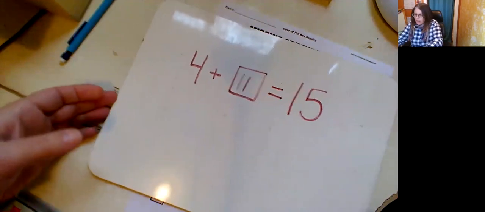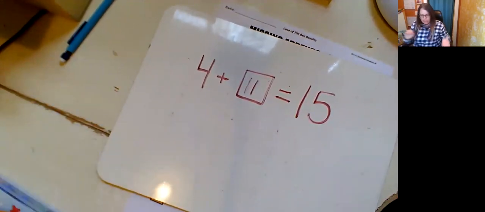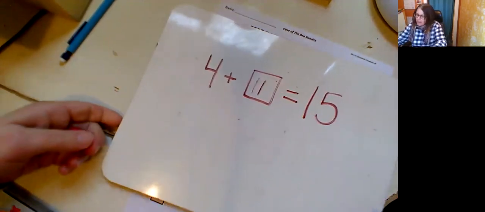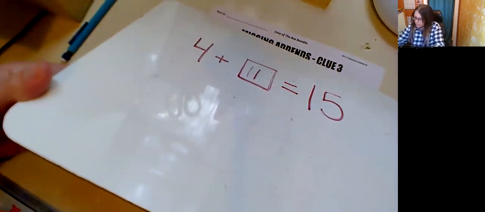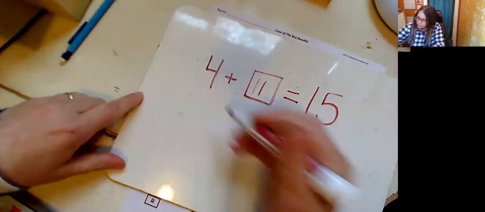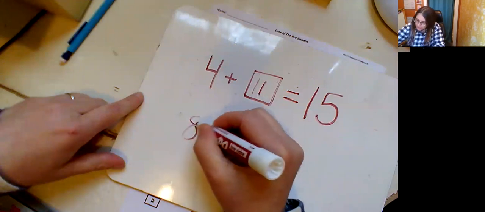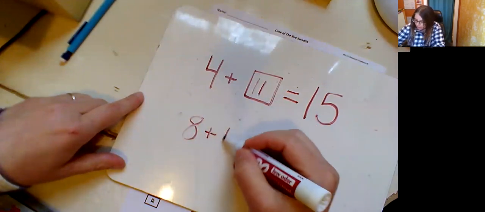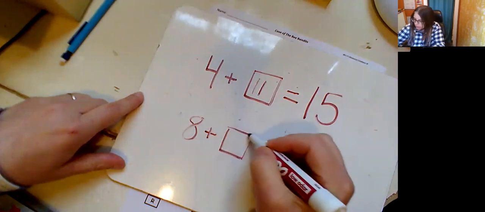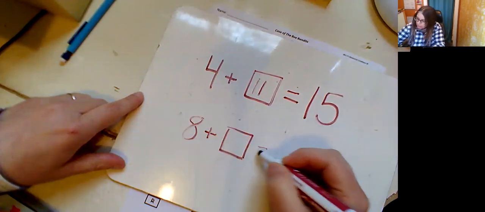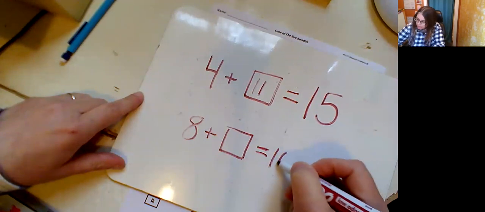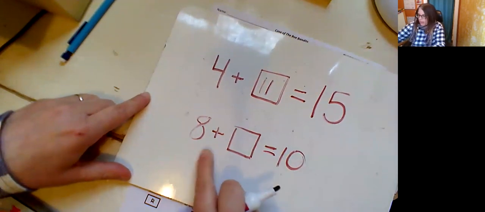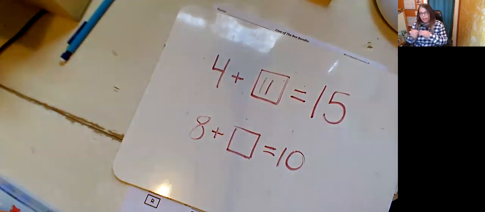So those are 2 strategies you can use for solving this. I'm going to show you another one. See these numbers 4 and 15 were not very close together, right? So we're going to do either a picture or counters for ones that aren't close together. But look at this one. 8 plus something equals 10.